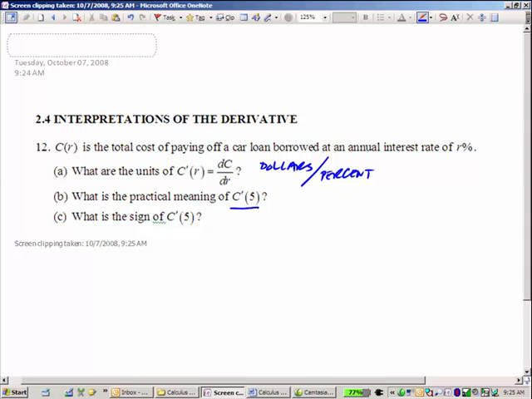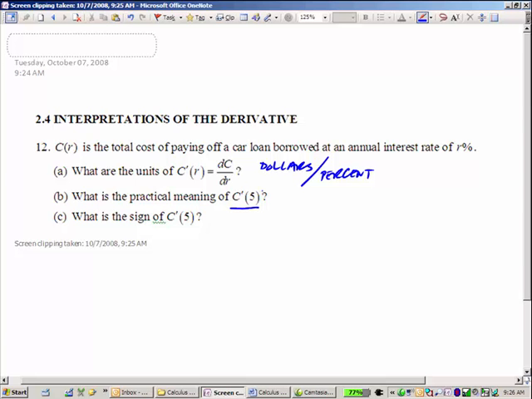What is the practical meaning of C prime, or the derivative of C at 5? This is going to be hard. We're going to have to think about it. What does that mean? What sort of rate are we talking about, Kelly? All right, so 5 is the percent.